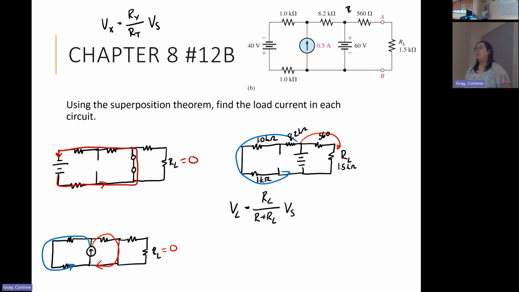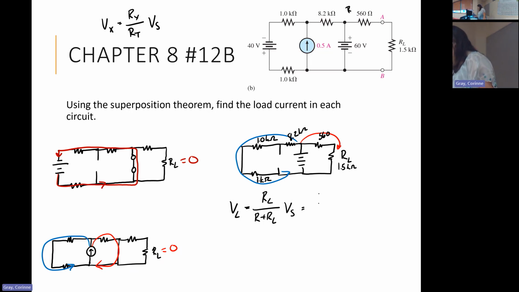Because if I plug in kilo ohms, it's going to pop out in kilovolts, but we're not going to have a whole kilovolt because we only have 60 volts going into it. So it's beneficial to just have it all in ohms.